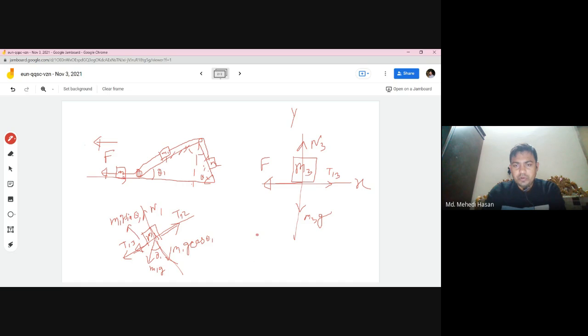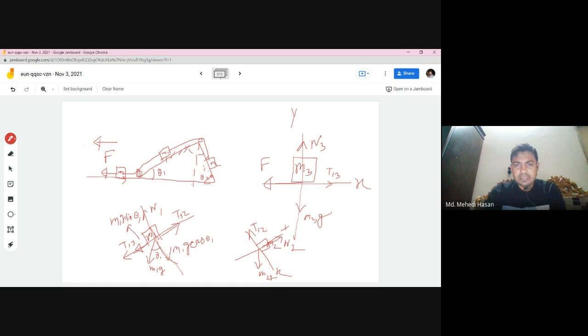Now for M2, we have to take, this is x-axis and this is y-axis. Okay, y-axis. Now this is m2. We are considering this is m2, and upward direction force is N2. Tension acting along that direction is T12, and weight is acting along that direction, which is m2g.